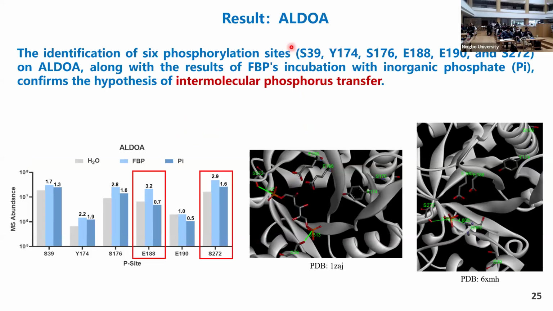For this protein, ROA, you can see we have identified a lot of phosphosites, and especially the carboxyl group can be phosphorylated, okay?